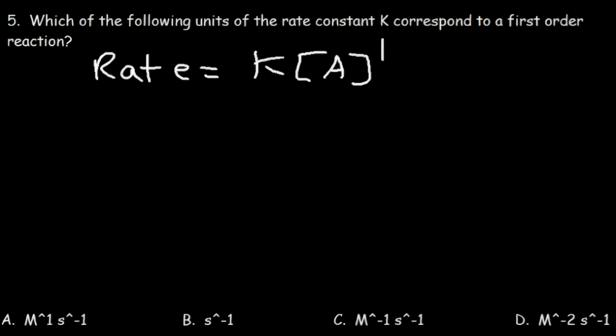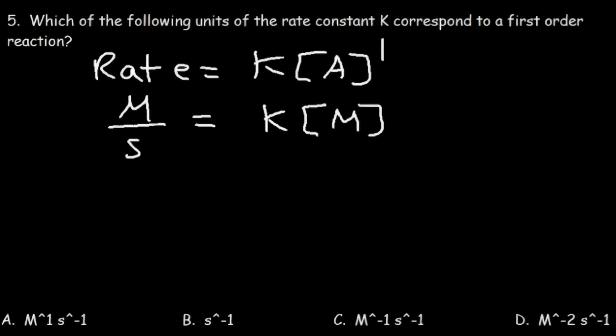So the rate is usually molarity divided by seconds. It's concentration over time, or the change in concentration over the change in time. So it has the units M over s. And A is going to be just M, since A is a form of concentration, measured in molarity.